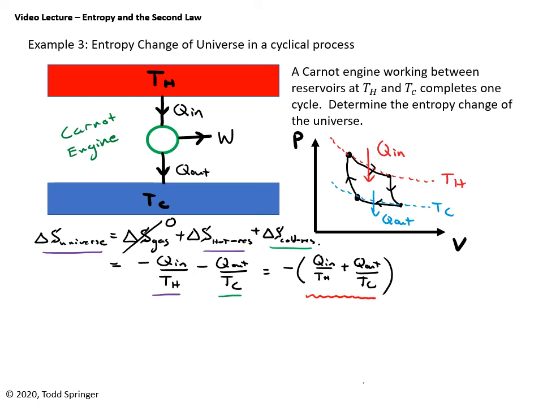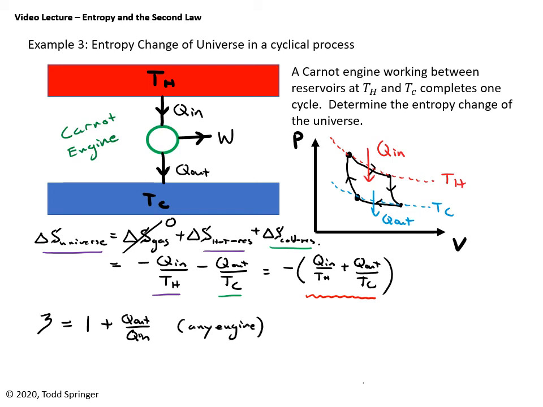Okay, now, is this a positive number or a negative number or zero? It's a little bit hard to tell because, like I say, the sign conventions are a little tricky. But remember that the efficiency for any engine is 1 plus Qout over Qin. This is any engine.